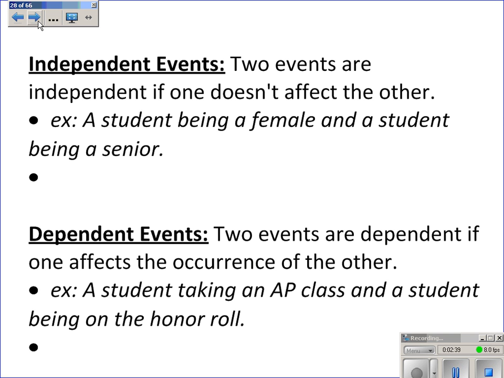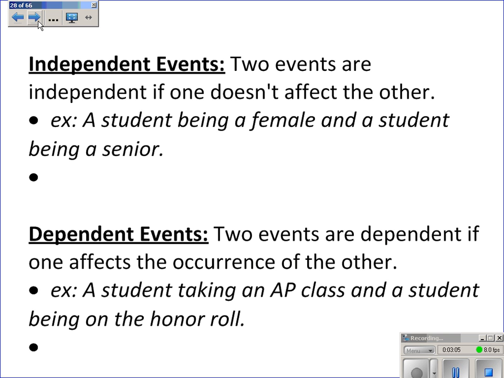A student being female does not change our guess that she's a senior or not. Those two events are theoretically independent. Now, if we're at a school where there are lots of seniors who are female and lots of underclassmen who are male, that may change our belief, but theoretically it shouldn't.